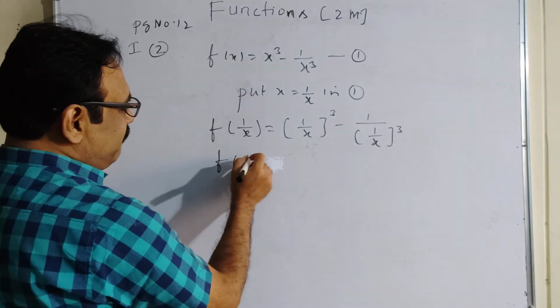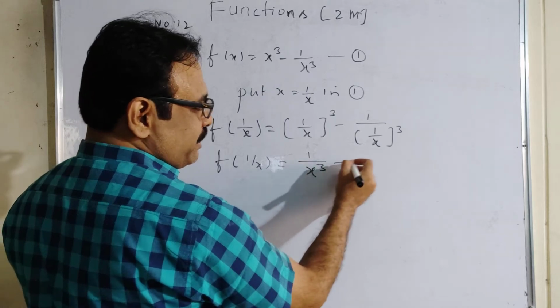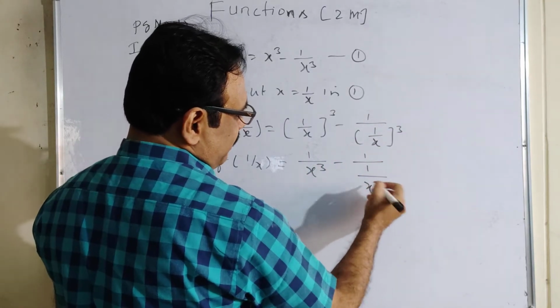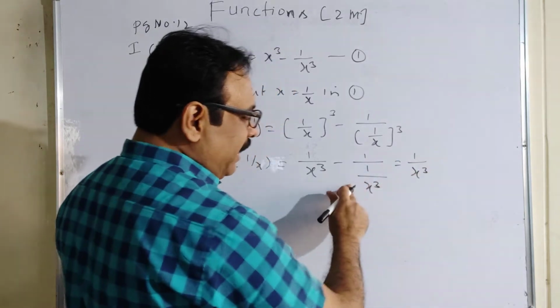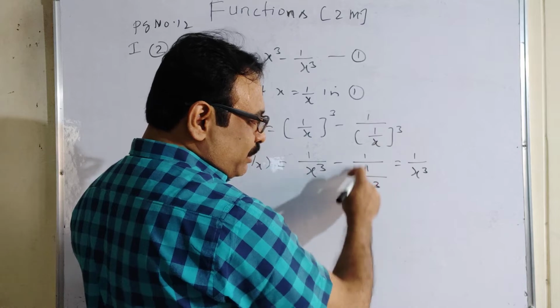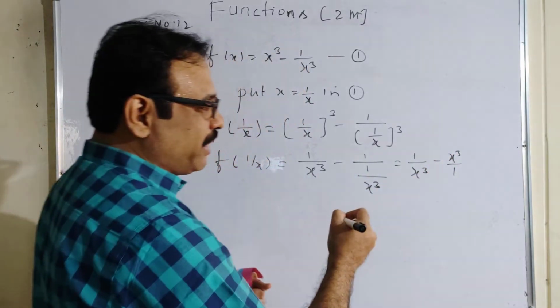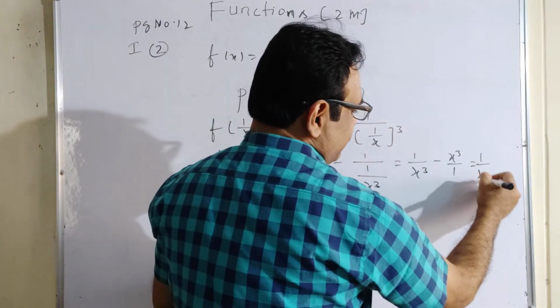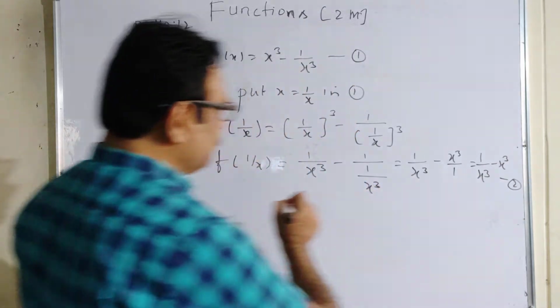Now f of 1 by x is equal to, this can be written as 1 by x cube minus 1 cube, that is 1 by 1 by x cube. This can be written as 1 by x cube, and here this goes to the numerator, this will become x cube by 1, that is called multiplicative inverse, which equals 1 by x cube minus x cube. I'll keep this as result 2.